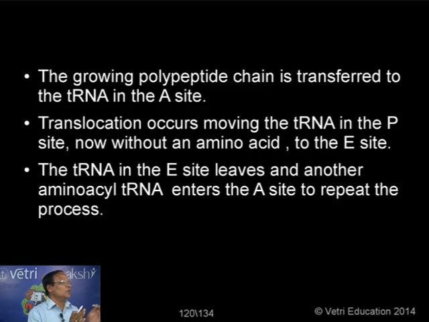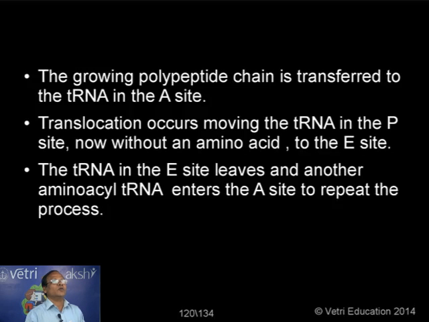So translocation occurs by moving the tRNA in the P site, because it is now empty, to the E site for its exit to the cytoplasm. So from the P site, the polypeptide is transferred to the A site, and the P site has an empty tRNA that is moved, which is called translocation, to the E site. Then it is released into the cytoplasm to bind another amino acid to repeat the process.